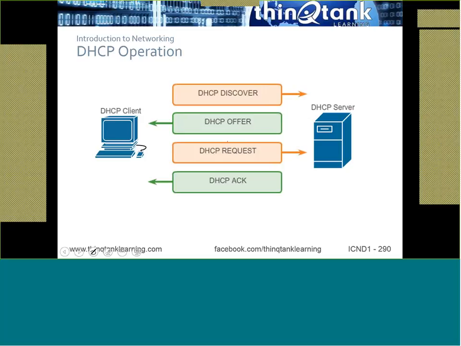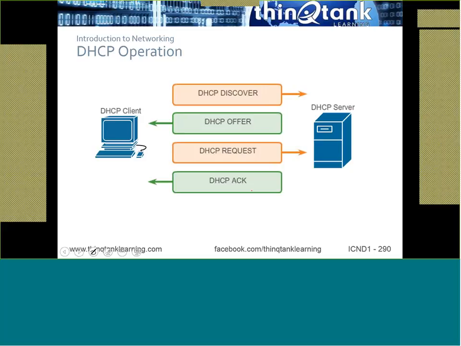Not in the IP header, not in the data link layer header. That's still broadcast-based, but in the DHCP payload, we see this server's IP address listed. So that server verifies the lease, sends an acknowledgement to the client saying, okay, you can now use this address. Check back with me in X amount of time, whenever your lease time expires, and we'll get you all set up to renew the lease or to get a different lease.